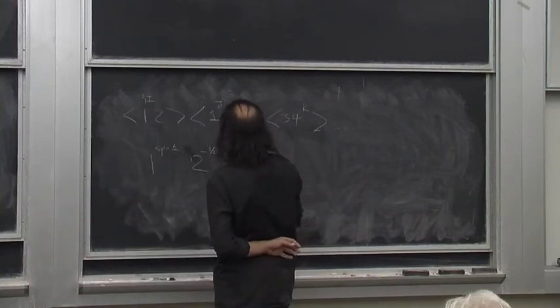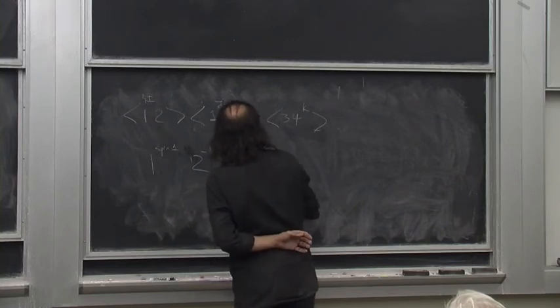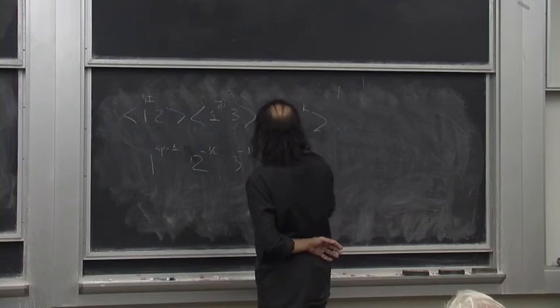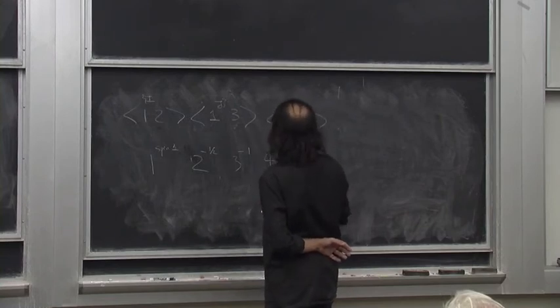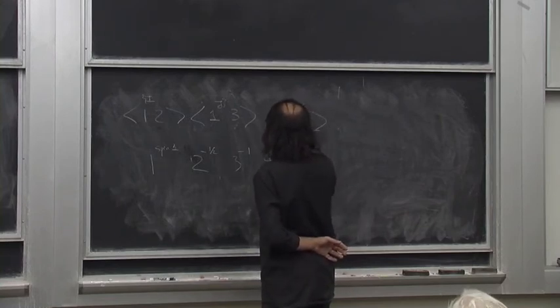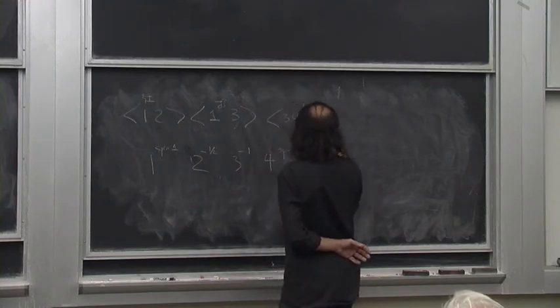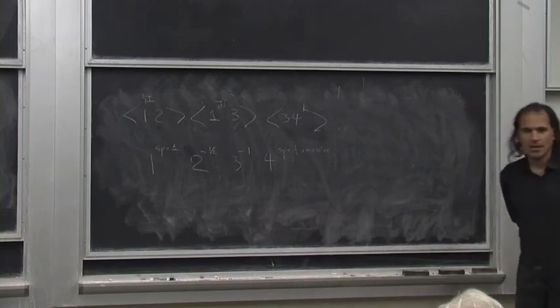Particle 3 is a massless spin 1, also with helicity -1. And particle 4 is massive, with just spin 1/2 and massive. Okay?